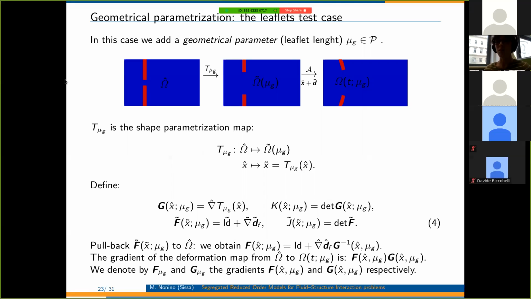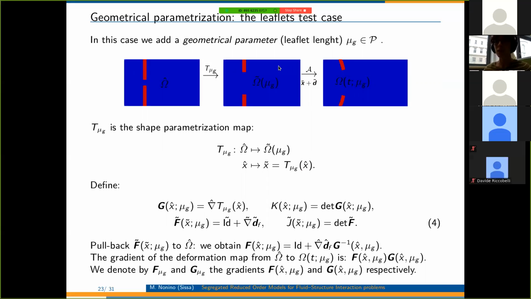So starting from the left, we have the reference configuration, which is both time independent and parameter independent. Then now we have an intermediate configuration, which is still time independent, but parameter dependent. And then we have the original configuration, which is both time dependent and parameter dependent.